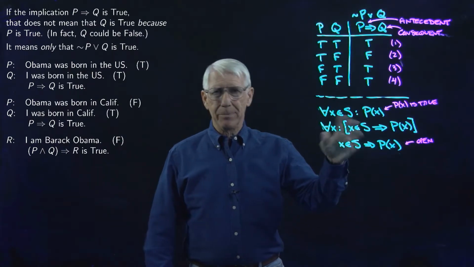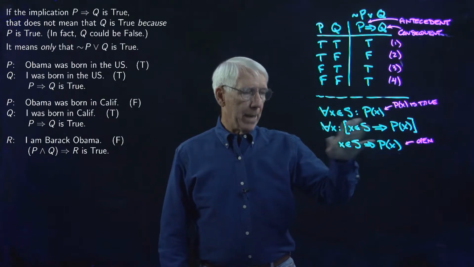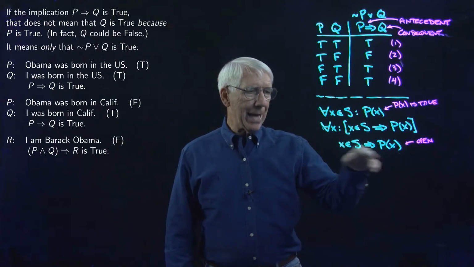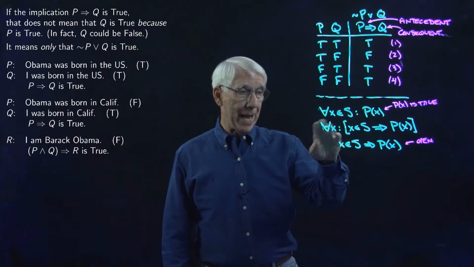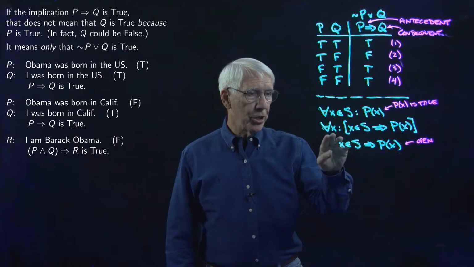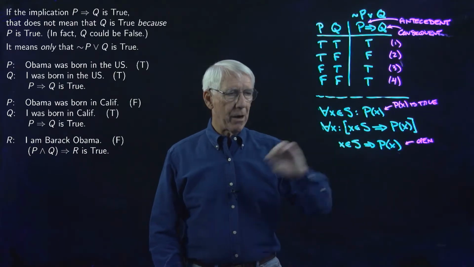So that's probably a little obscure right now. We'll see it when we get to it. But I just want to point out that there's a real reason for often leaving out the quantifier and turning a statement into an open statement. And we'll see how it works.